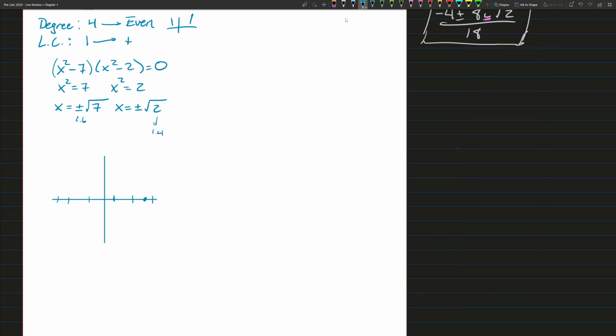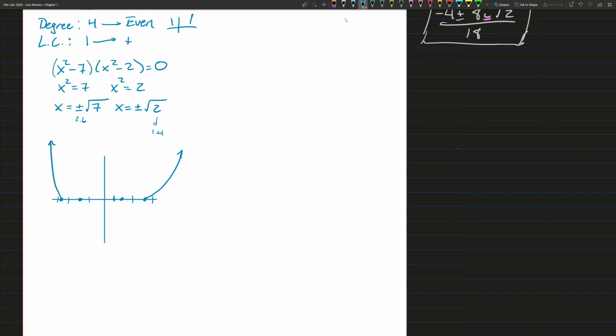Rad 2, that's like right here. Negative rad 7, it's like negative 2.5, and then negative rad 2, it's like right here. So we plot those points, and from here, we already know part of the graph. We know it's going up on both sides because of our leading coefficient test. So we know it's coming up like this.